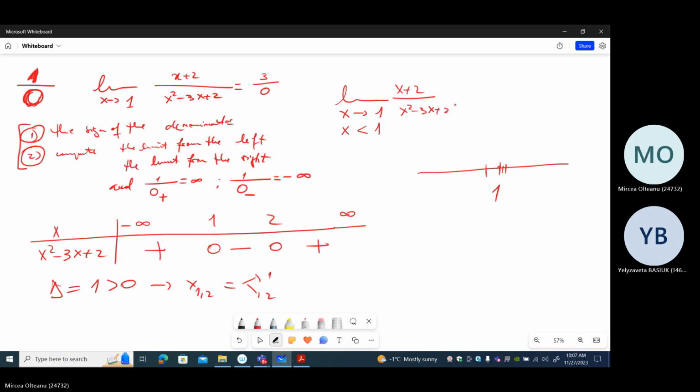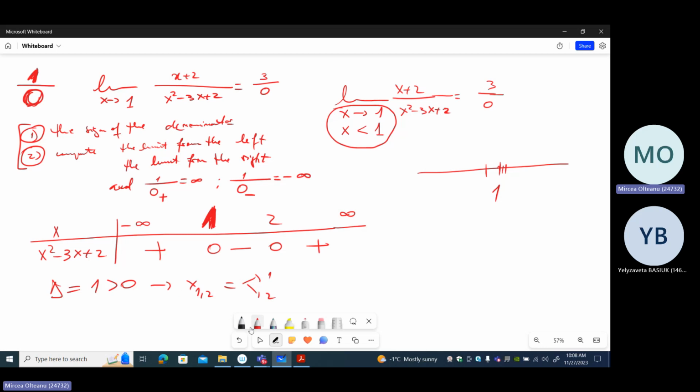Of course, now if we replace x by 1, we shall get 3, and below we get 0, because nothing changed. X tends to 1, the fact that it is less than 1 doesn't change the value, which will be 0. But now we go to the table of sign, and we see when x is less than 1 and close to 1, x is very close to 1 and at the left of 1.